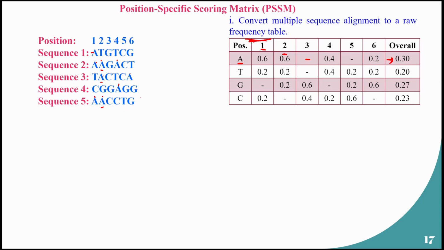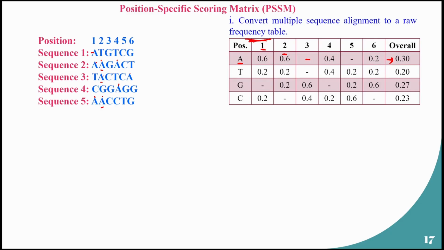So in total it seems to be 9. And then how many total positions do you have in this case? You have 5 times 6, 30. So in this case, 9 by 30, that will be 0.30 if you calculate it. So that's how you calculate the overall frequency in this table.